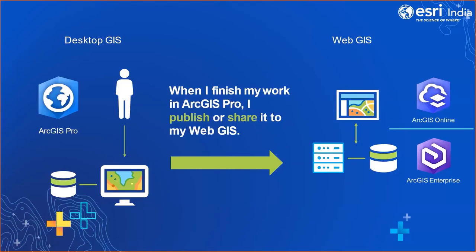As you all might be aware, Esri is giving you several GIS products. We have desktop GIS solution, we have web GIS solution, and ArcGIS Pro is our next generation desktop GIS platform. ArcGIS Pro is coming up with several new tools every year, as this is a very active area of research for us.